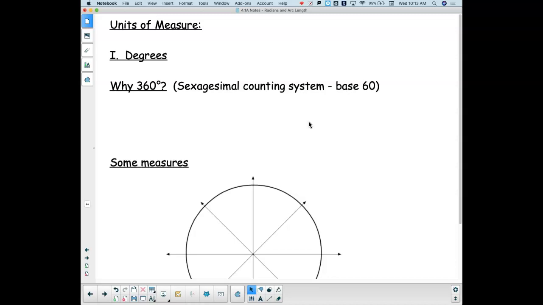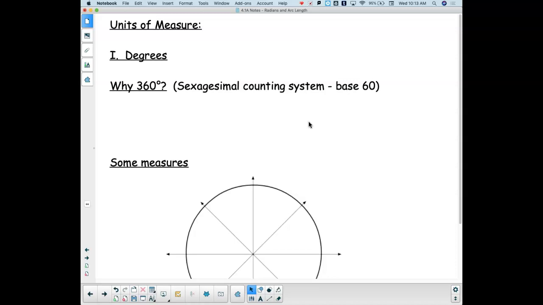What we're going to be doing, probably starting next week, is we're going to start developing the unit circle again. You've developed the unit circle a little bit in Algebra 2, but we're going to take that to the next level.